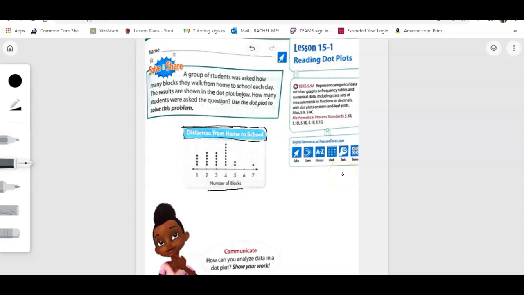Remember what I just said, that every dot is a person. Okay. So what I like to do when I have a question like this is I like to count my dots for each one of these numbers here.